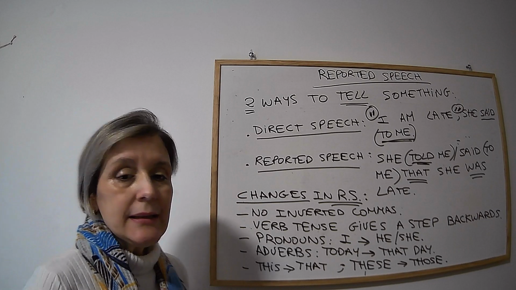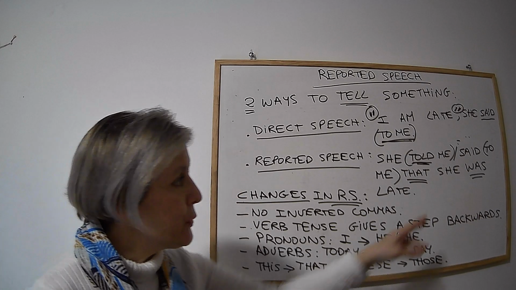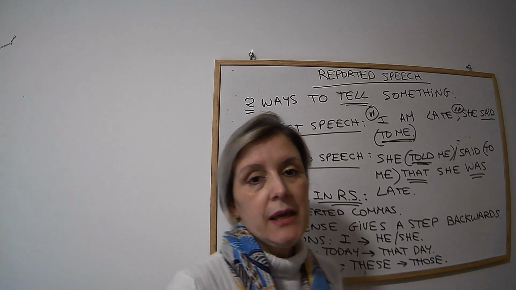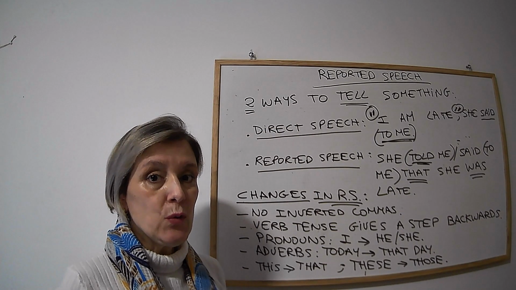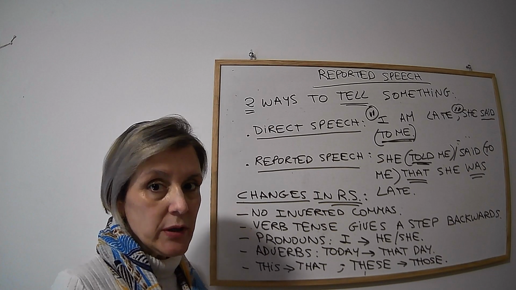And then the second part of reported speech is when you don't use the verb say or tell, for example, when you ask a question in direct speech. Let's see what happens.